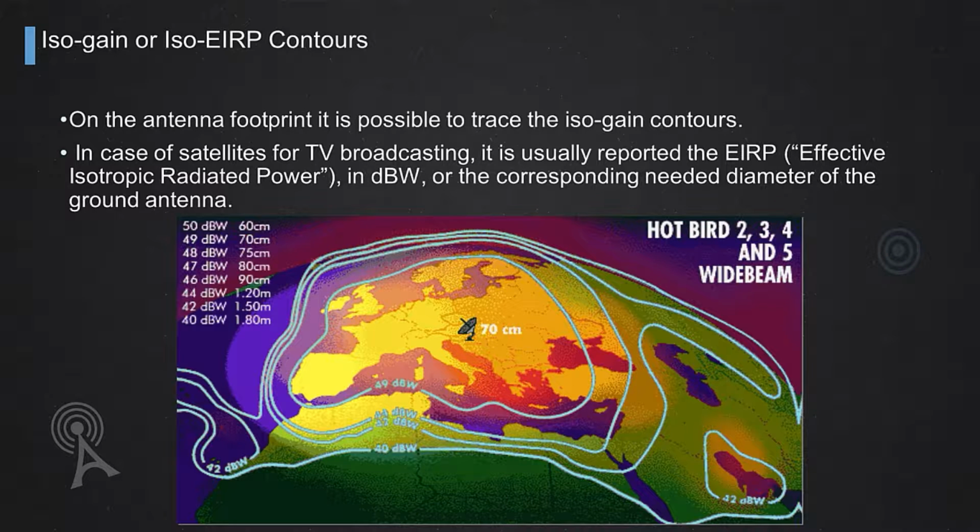You see, for instance, that this type of antenna wanted to illuminate at best the European area, and in fact over this area you can get a very high value of EIRP, and conversely you can use a rather small reflector antenna on ground to receive the signal. So this gives an idea again of how good the antenna is on board and how good the satellite is at illuminating the required coverage area over the Earth.